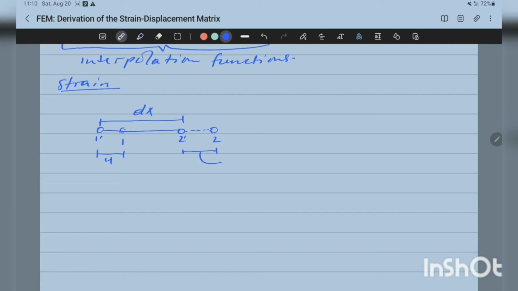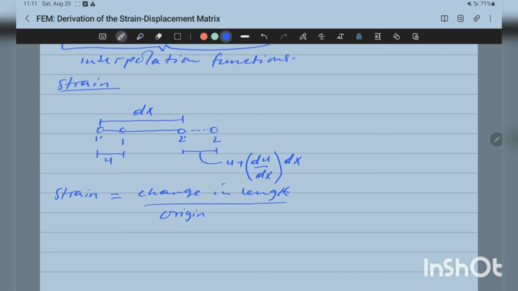So the displacement of this point will be given by u, the displacement at node 1, plus du dx, that is the rate of change of displacement along the bar, times the bar length. So this is the displacement of node 2 prime. Now we define strain as the change in length out of the original length.